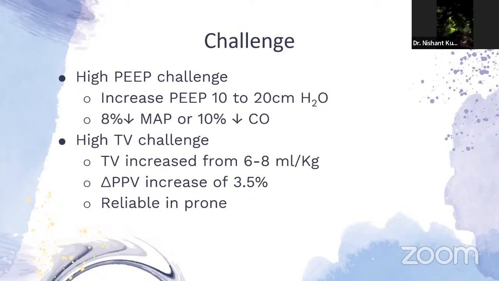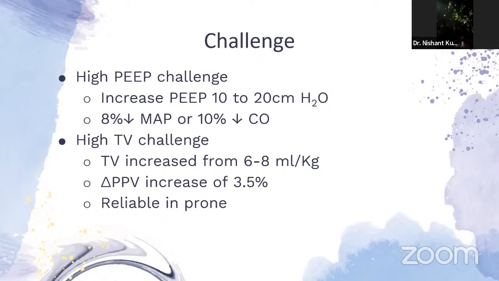High PEEP challenge. So we increase the PEEP by 10 to 20 centimeters of water. And if the cardiac output decreases by 10% or the MAP decreases by 8%, again that will tell you that the patient will require fluid. So it is basically the same as an expiratory occlusion, but here we are applying a high PEEP to see whether the cardiac output decreases or not.